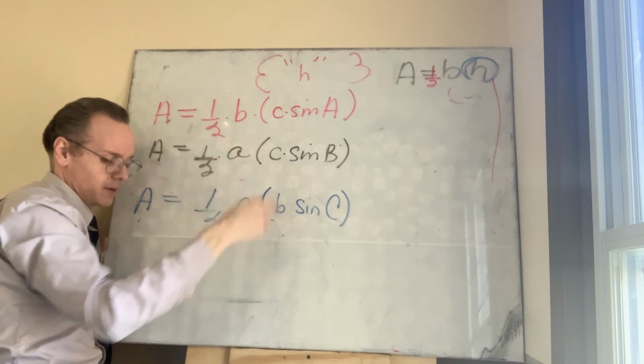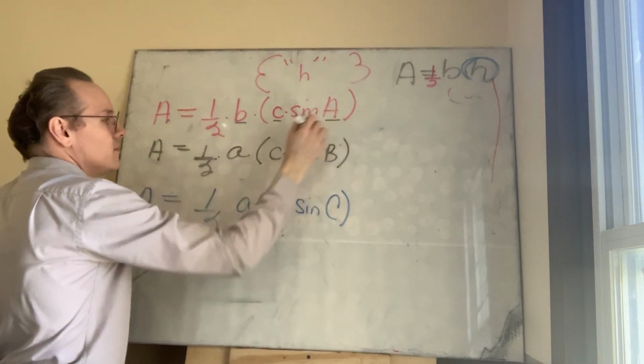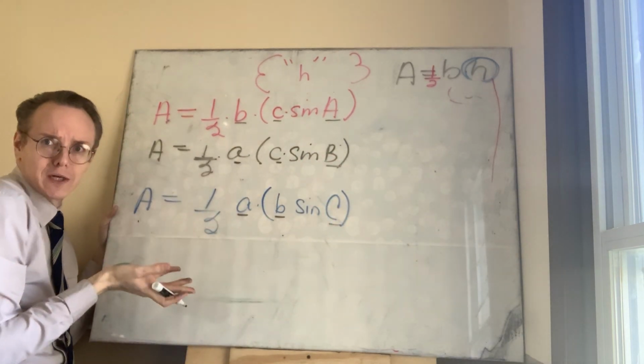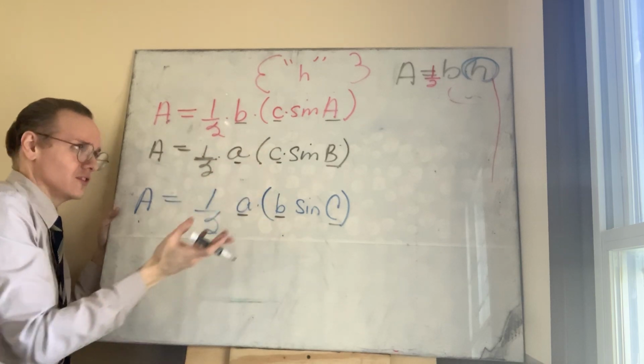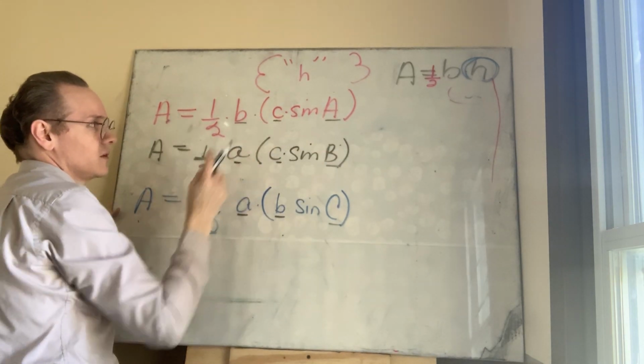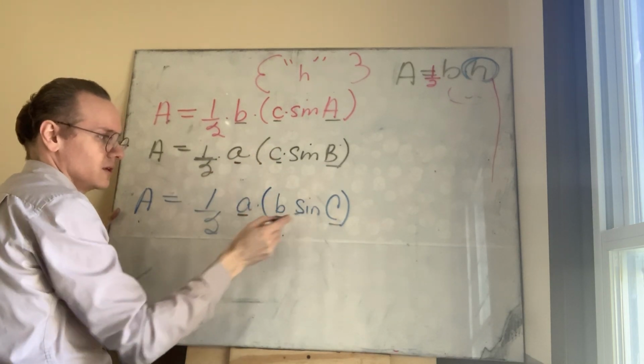And if you examine the formulas, they all have A, B, and C in them somehow, just not necessarily in order, and not necessarily all capital letters, and not necessarily all lowercase letters. But this is A, B, C. This is A, B, C. This is A, B, C.